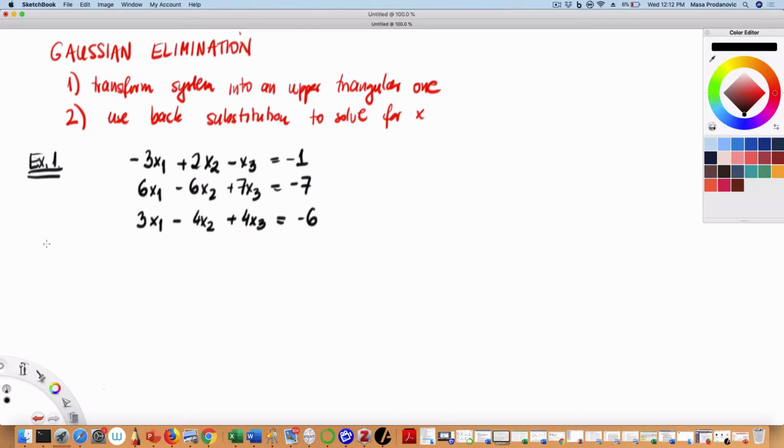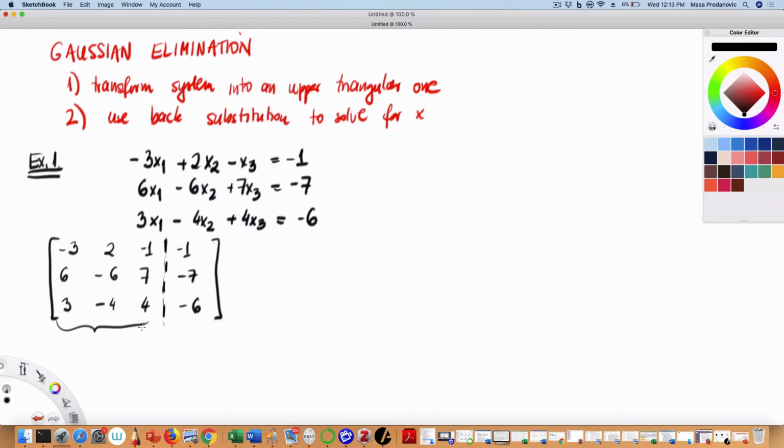So we're going to put all of these coefficients into a large matrix. Six, minus 6, 7, minus 7, 3, minus 4, 4, minus 6. So I'm separating with this dashed line my coefficients b. So this is A, and this is b, and this is Ax equals b, right?